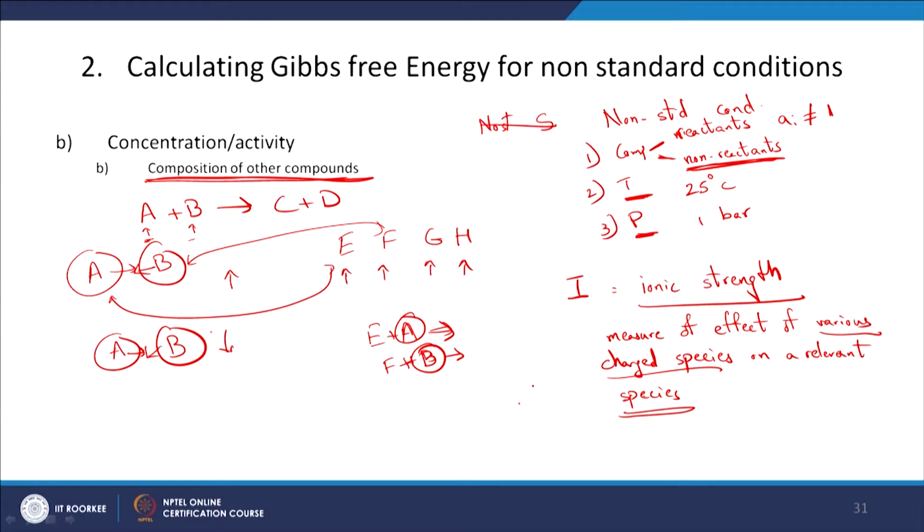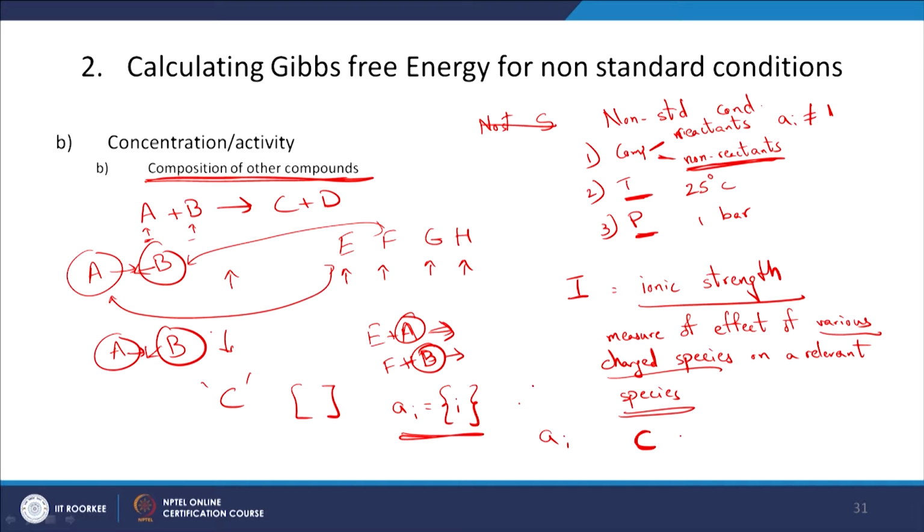Before we go further, in this case obviously we can't use concentration, which, as we said, we denote with the square brackets. So we are going to look at a new term called activity. Most of you have probably not yet come across it. So, the activity of your particular component: we are going to look at what that is and how it is related to your concentration.